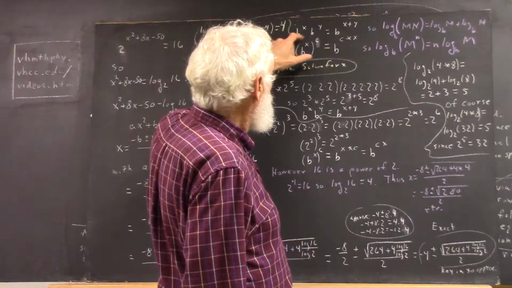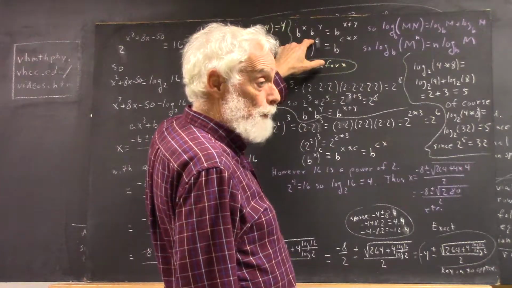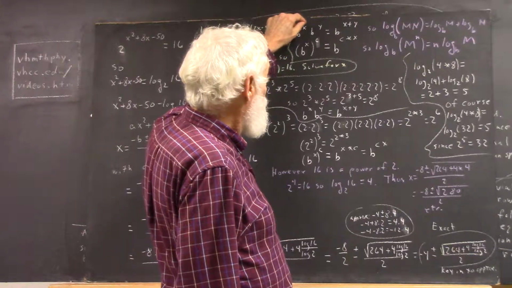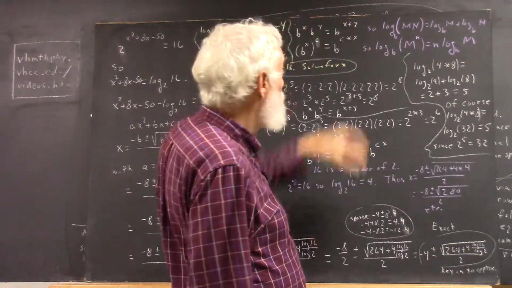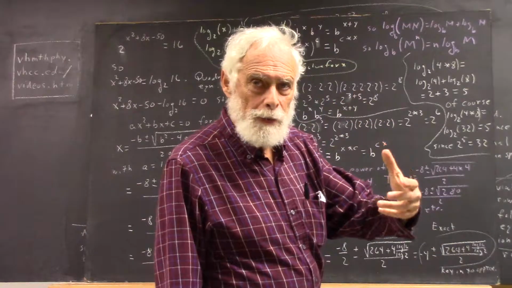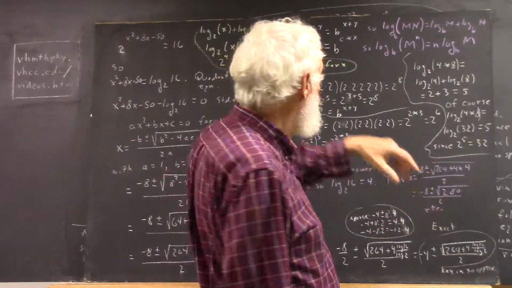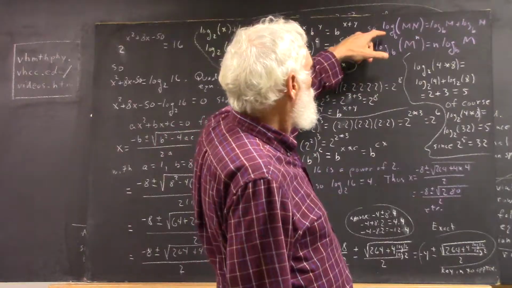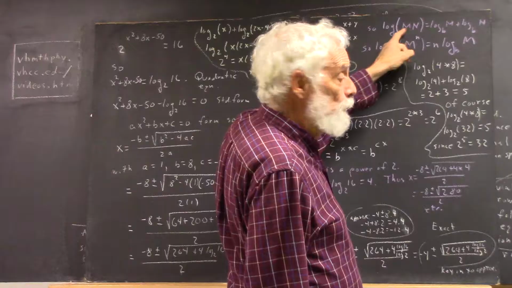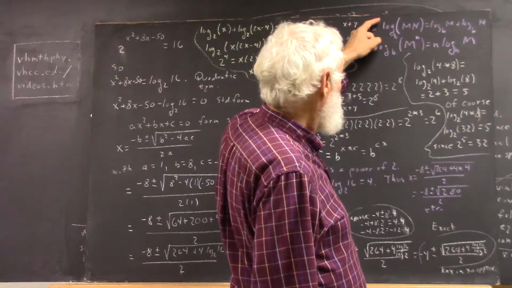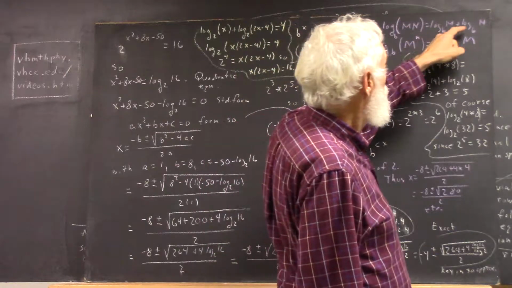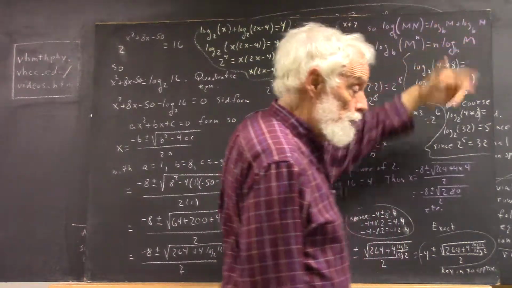Okay, if I multiply two numbers with the same base, I can add the exponents, okay? It follows, and I'm not going to explain how or why at this point, it follows, though, that log to the base b of a product of two numbers, and we write that as log base b of mn, is the sum of the logs of m and n to the same base.